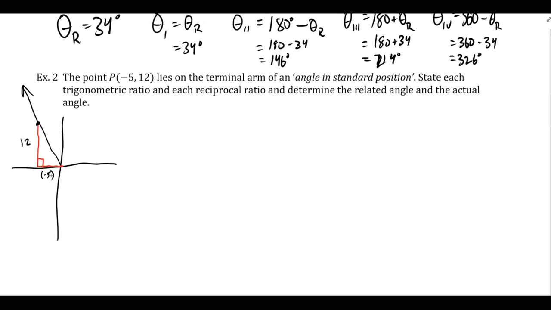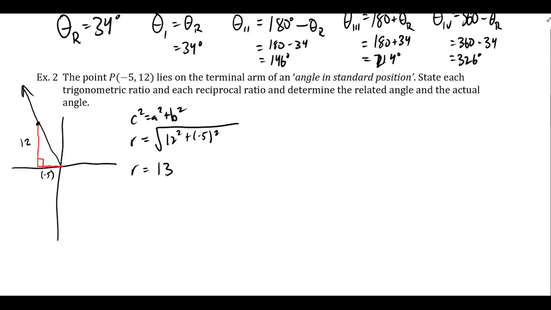So how do I find the length of the arm to that point? Say again, Chad? Pythagorean theorem, exactly. C squared equals A squared plus B squared. C or R is going to be the square root of 12 squared plus negative 5 squared, which works out to 13.